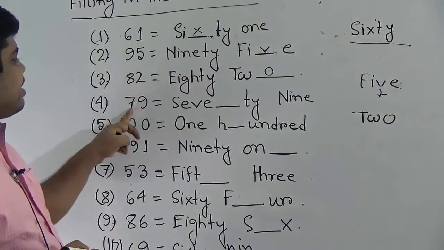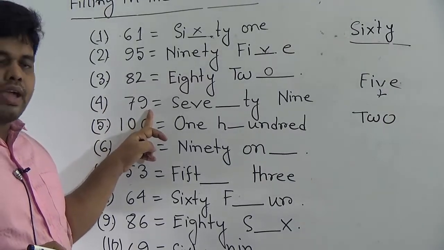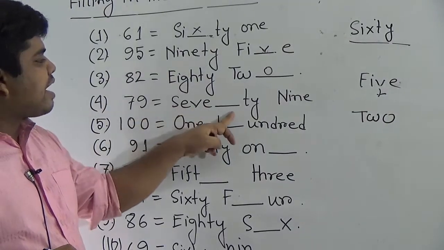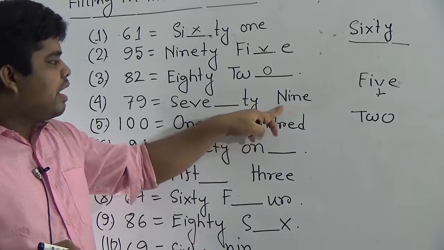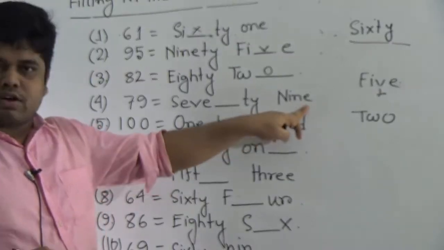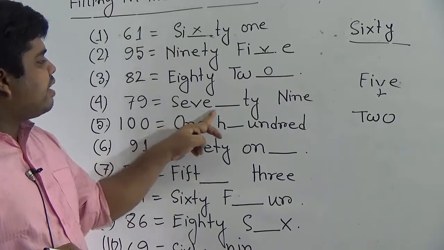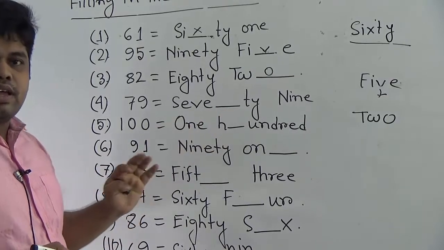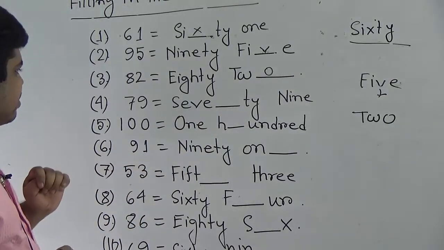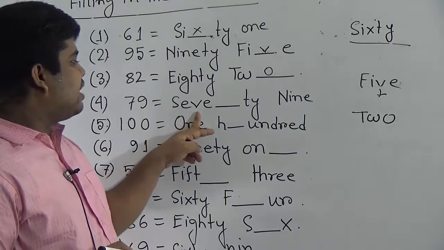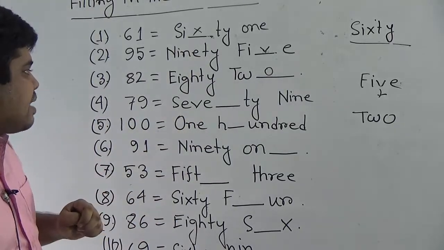Next question, 79. What is the spelling of 79? SEVE-TY, NINE. Here 9 is complete, but SEVE-TY, 70 is incomplete. For this reason we need to know the spelling of 70. What is the spelling of 70?